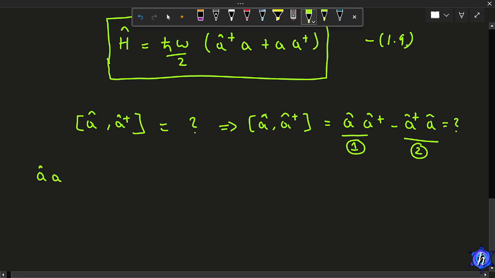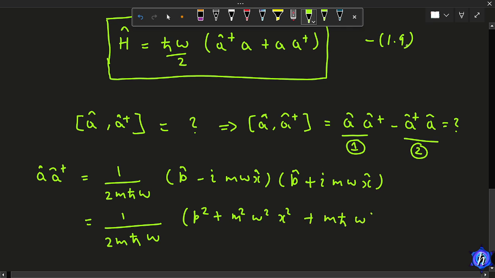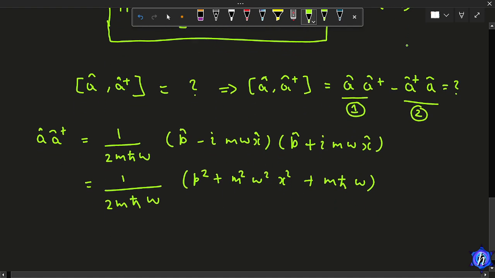So we'll calculate A A dagger, which is 1 over 2m h cross omega times (p hat minus i m omega x hat) multiplied by (p hat plus i m omega x hat). Let's open this bracket. We get 1 over 2m h cross omega times (p squared plus m squared omega squared x squared plus i m omega [x, p]).